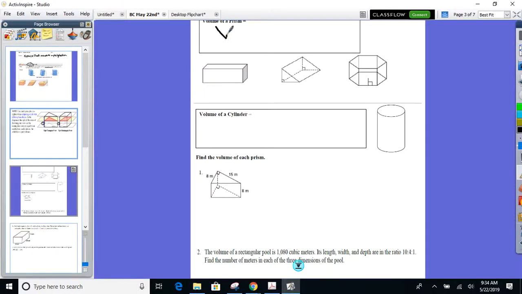Easy, easy back there. Big B times H. Not lowercase b anymore, like 1/2 base times height in a triangle. Big B represents area of a base. That's what big B is, area of a base.